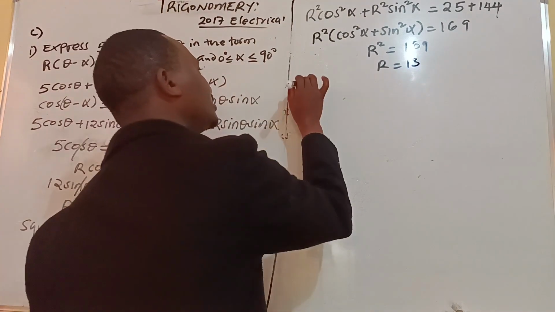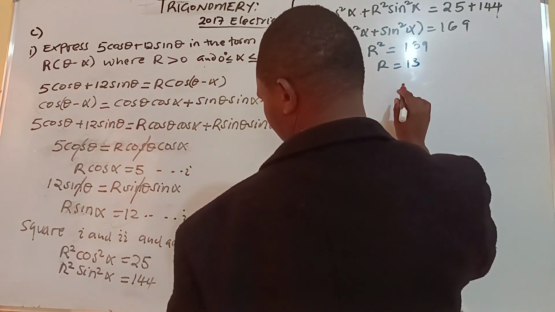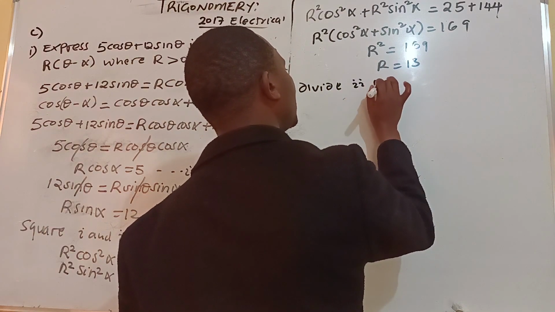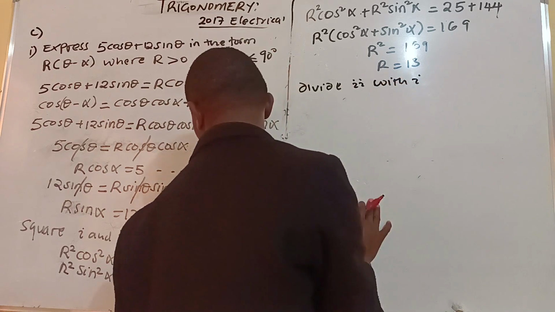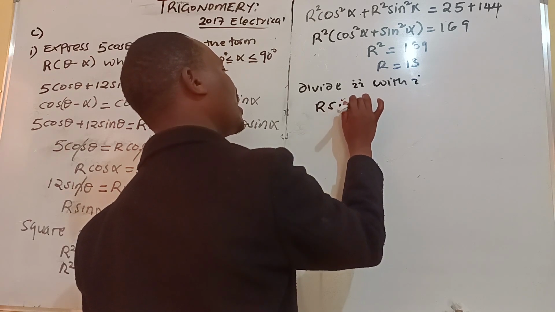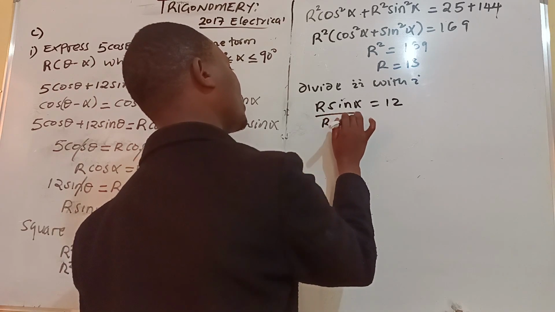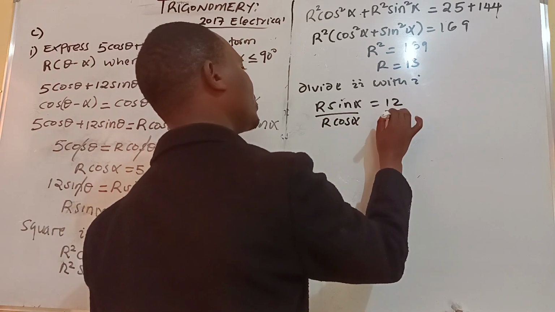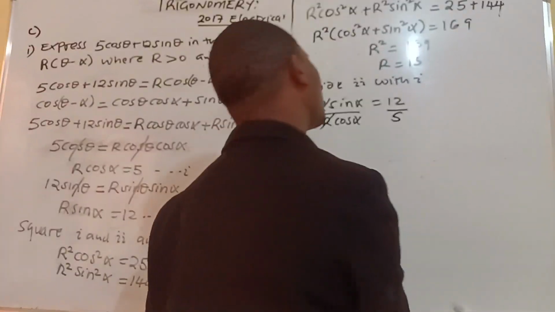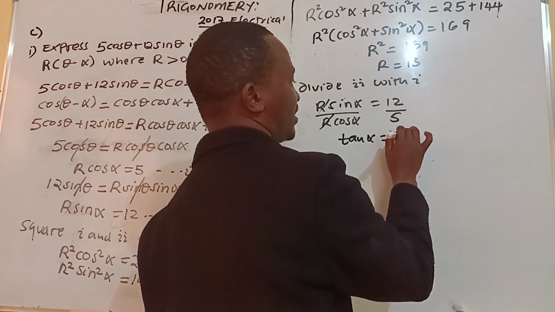We now divide equation 2 by 1. So we have R sin alpha divided by R cos alpha is equal to 12 over 5. R will cancel out. Sin alpha over cos alpha is tan alpha, which is 12 over 5.